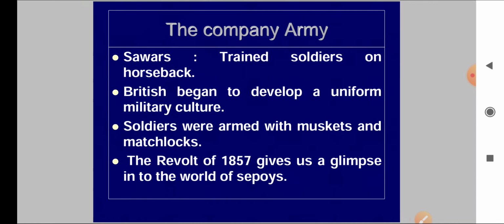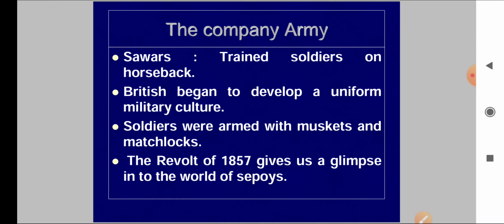The second last topic of this chapter is the company's army. This is the last one. The company established a powerful army because they knew that their base of administration totally depended on their powerful army, because any time they could face Indian rulers' fight.